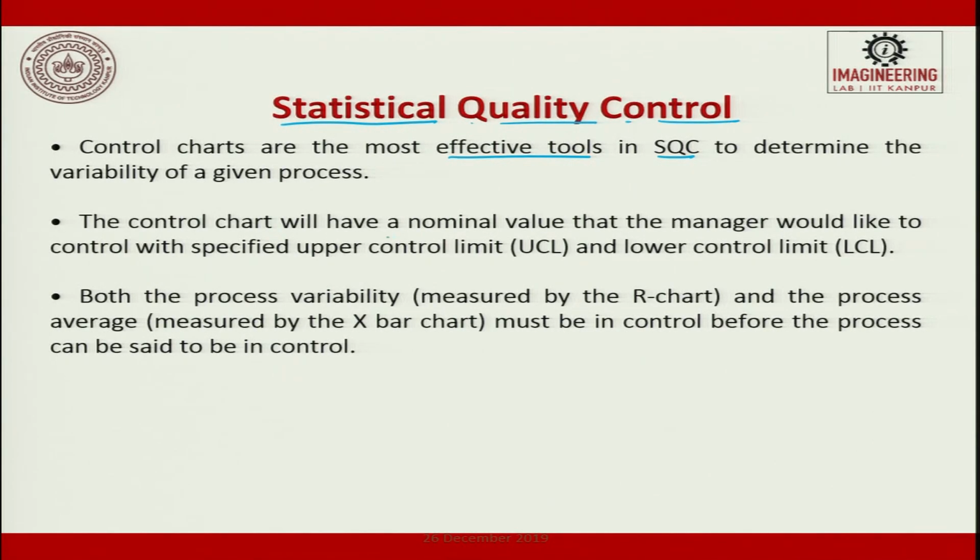The control charts will have a nominal value that the manager would like to control, with a specific upper control limit and a lower control limit. Both the process variability, measured by the R chart, and the mean, measured by the X bar chart, must be controlled before the process can be said to be controlled.